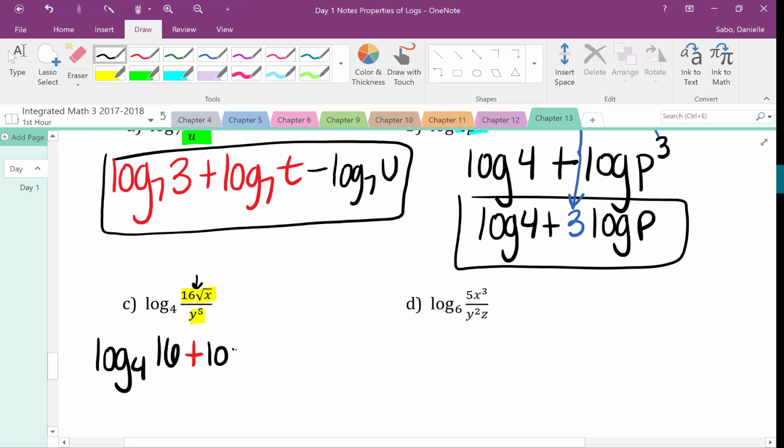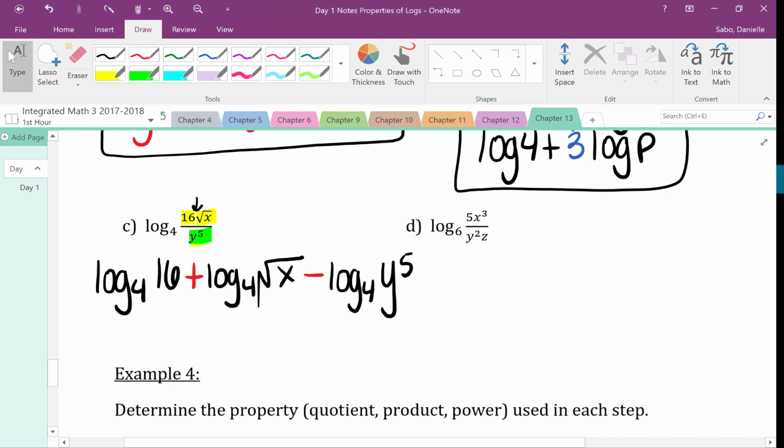So I have log 4 square root x. That's a weird square root. Now I'm going to throw in this y to the 5th. What operation is going to be in between? Subtraction, because I'm dividing there. So the subtraction is going to go, and I get log base 4 of y to the 5th. Now this isn't 100%.